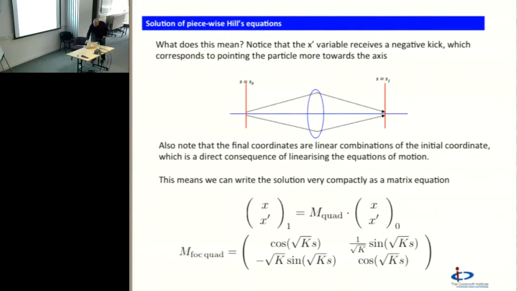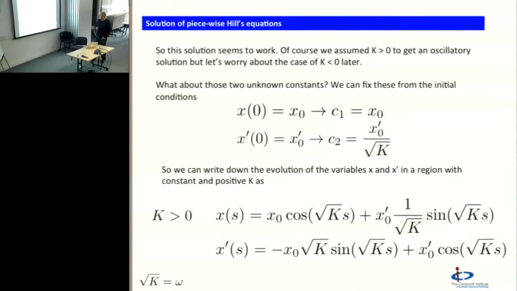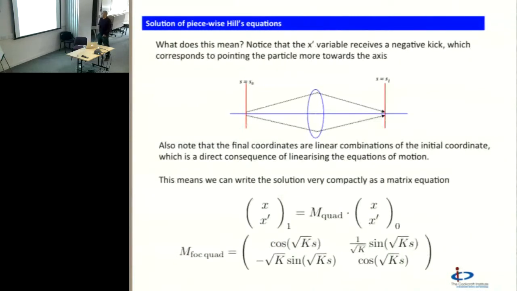If you just look at these equations of motion, you see that the outgoing angle of the quadrupole gets a negative kick, if that's positive, back down towards the axis. So what the quadrupole does is gives you a focusing term. So this solution means that any particle going out is then focused back in.